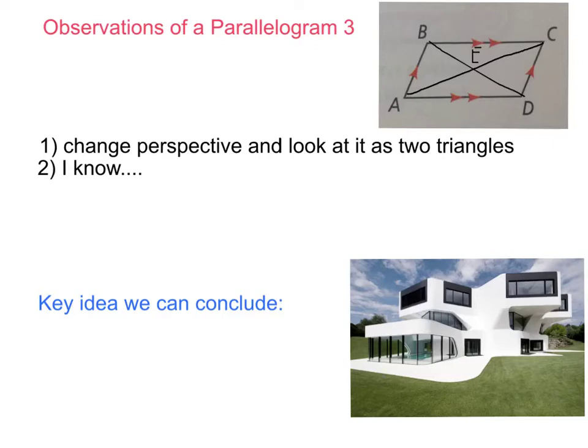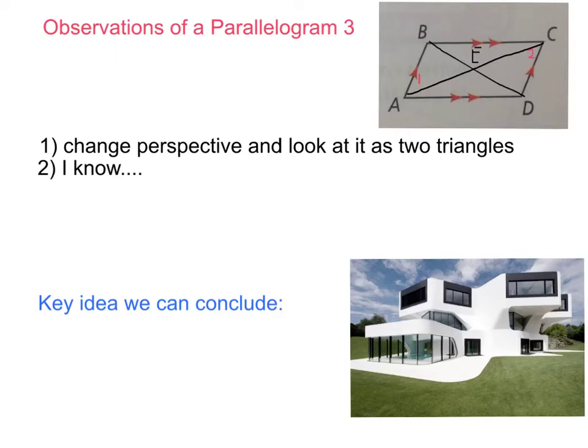Okay, so now that we know which two triangles we're actually looking at, let's write down some stuff that we know. Now remember, these lines are parallel and these lines are parallel. For this particular observation, we're going to look at AB and CD. If I look at AB and CD cut by this transversal, I could say that angle 1 and angle 2 are congruent.